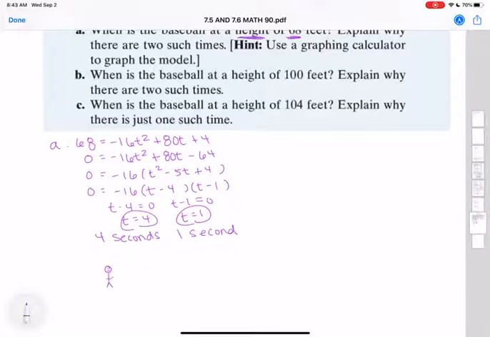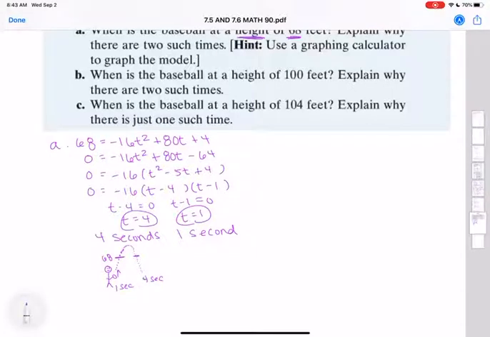I'm going to throw this ball up in the air. The ball goes up, and say it hits 68 feet after 1 second, and I threw it so hard it just keeps going up, but then what happens? Then the ball has to come back down again, right? So then it hits 68 feet again after 4 seconds.